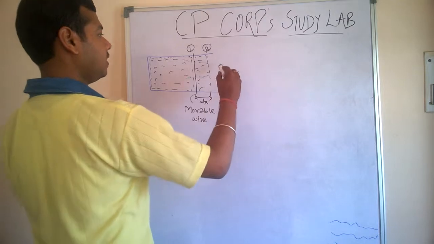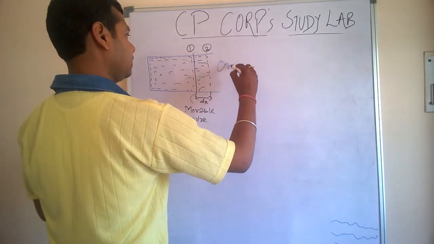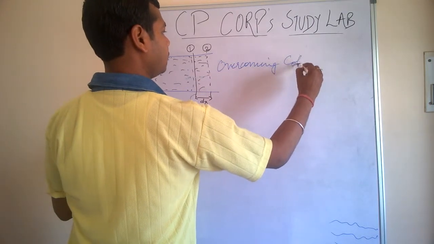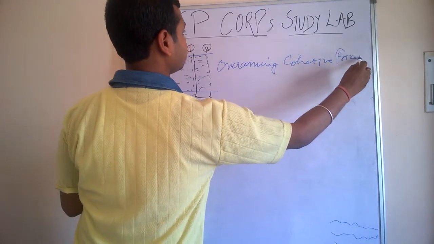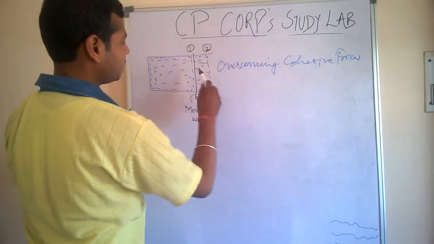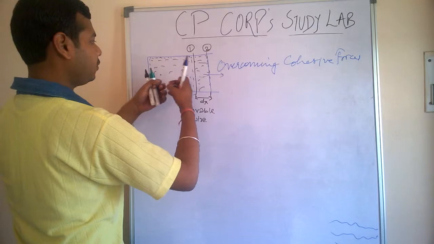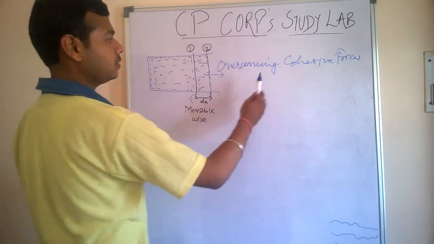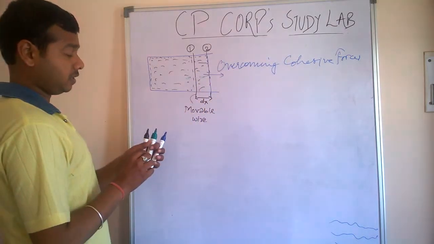Because I am overcoming the cohesive forces acting between the molecules. Initially the boundary was here. If I stretch it away in this direction, I have to overcome the cohesive forces acting between the molecules, due to which I have to do work.